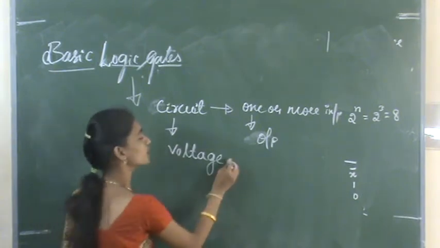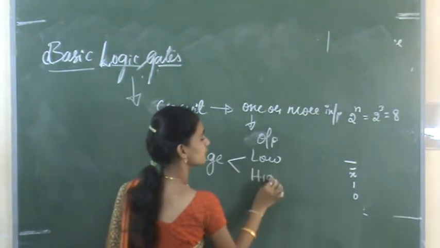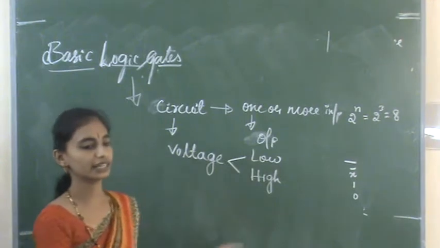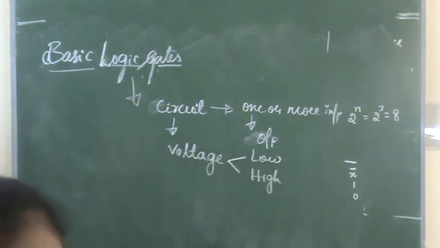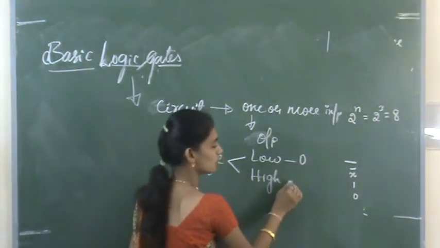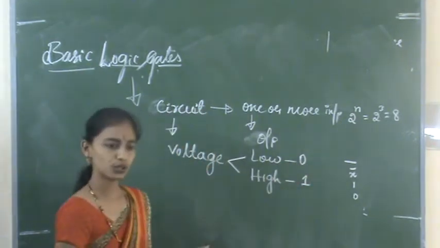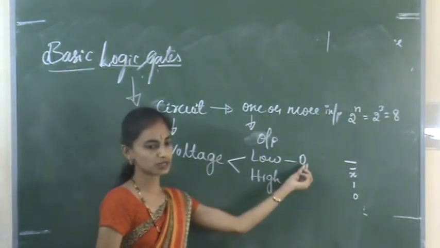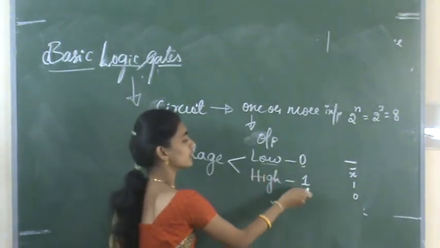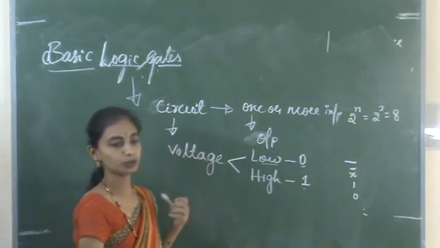So in this voltage what we have to use, one is low voltage, another one is high voltage, right? So we are taking low voltage and then high voltage. So in this low voltage is represented by 0 and high voltage is represented by 1. So as we know that in computer we are using zeros and ones, right? So that is why we are implementing this Boolean algebra in the computer systems also.